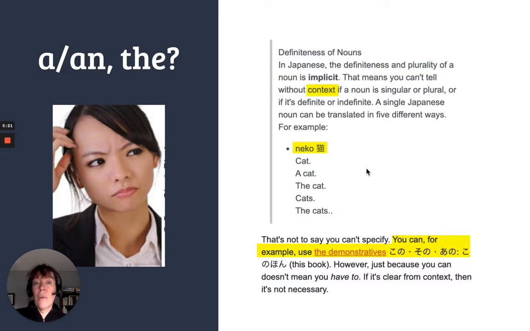So, for example, if we say neko in Japanese, that can be in English cat, a cat, the cat, cats, or the cats. All of these things are covered by that one word in Japanese. But of course, in Japanese, you know which one because you have context. You know what we're talking about, right?